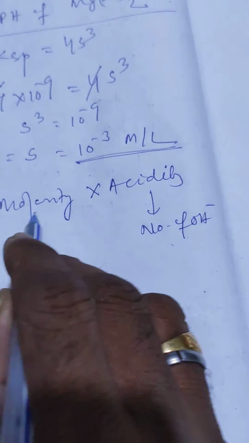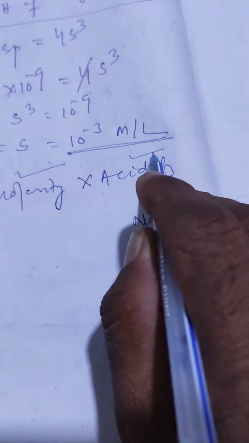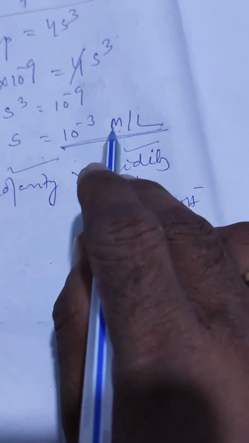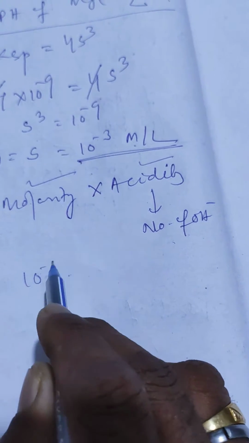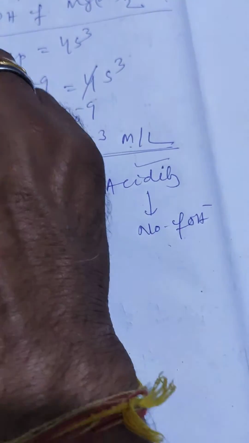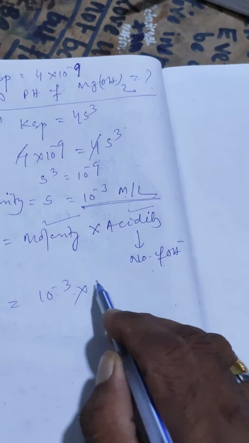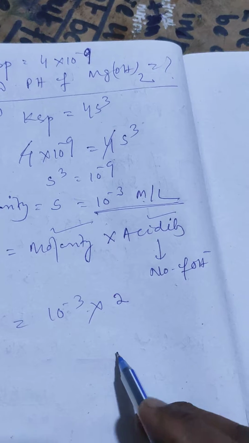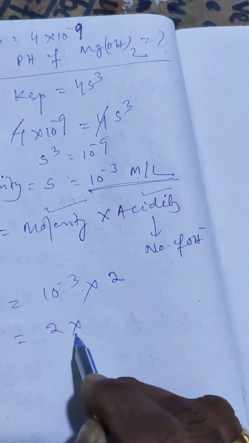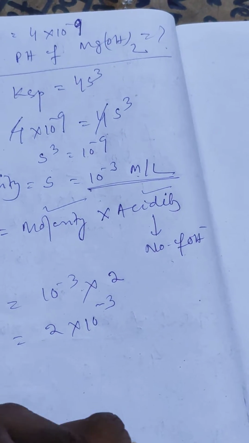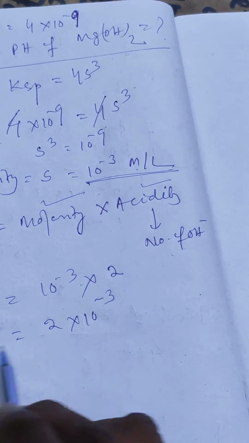So the OH minus concentration is equal to molarity into acidity. Here the molarity is given, 10 to the power minus 3. And the acidity of magnesium hydroxide is 2 here. So that means the OH minus concentration is 2 into 10 to the power minus 3.